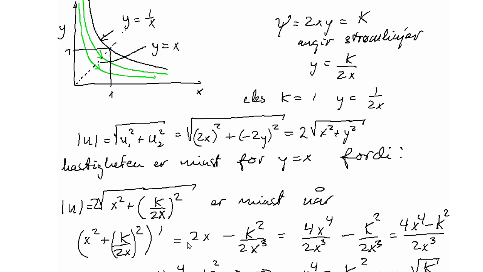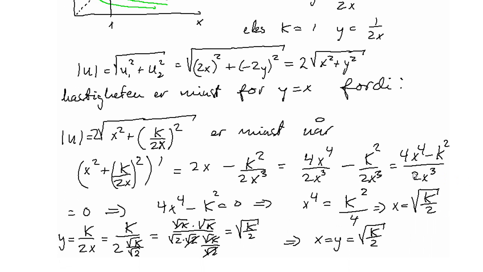And when we are expanding this as a fraction, we obtain two fractions with the same denominator, and we therefore can subtract in the usual way. So we obtain this expression, and when is this equal to 0? Because 0 is the value we obtain when this has a maximum value.